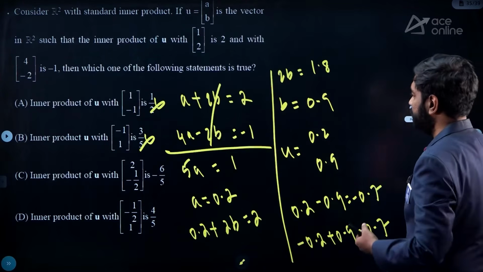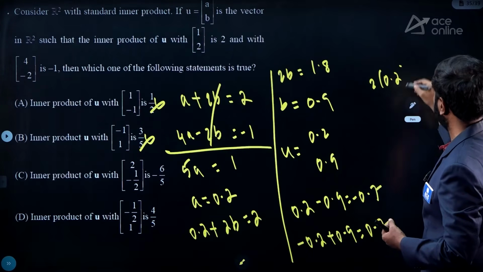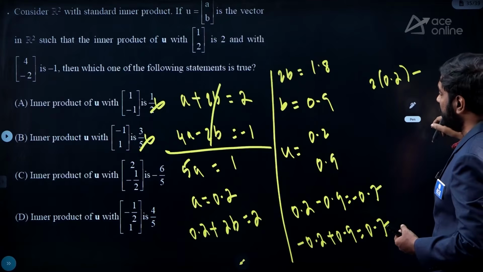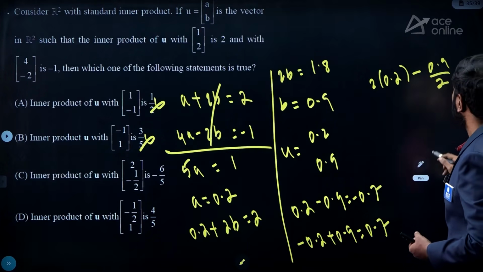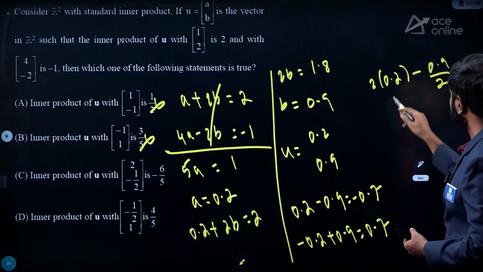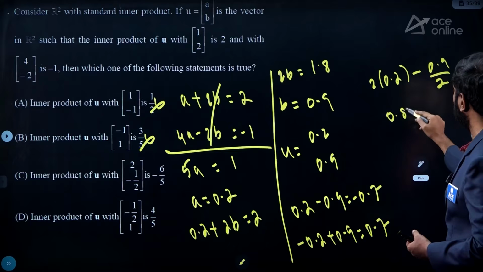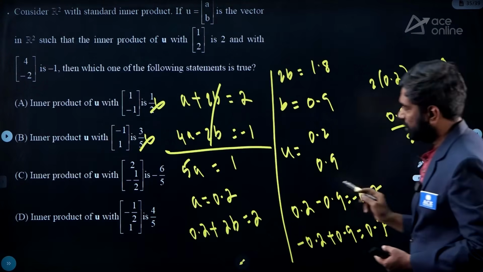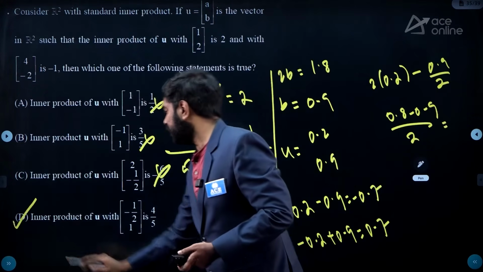Inner product with option C, if I see, 2 into 0.2 minus 0.9 by 2. If you try to see how much this is, it is 0.4. If 2 also multiplies, it is 0.8 minus 0.9 whole divided by 2. This is not minus 6 by 5, something else. So the only option that is left is option D. It has to be right.